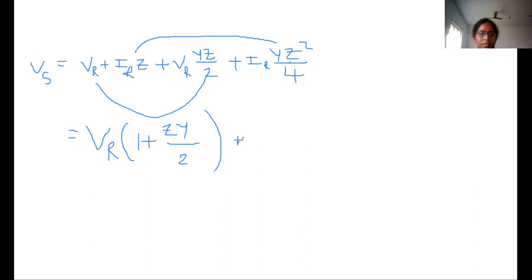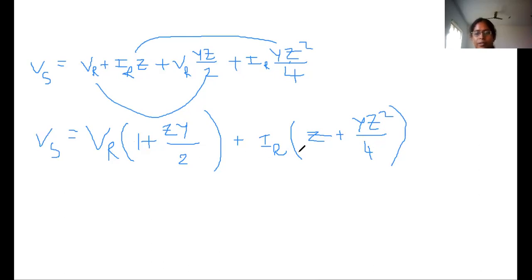Plus Ir into Z plus YZ square by 4, this is the Ir product value. Vs equal to (1 plus Zy by 2) into Vr plus Ir into (Z plus YZ square by 4). Okay, this is Vs, and also we can find out the Is value.